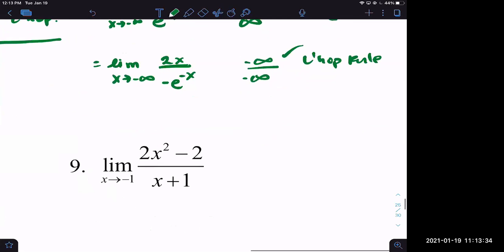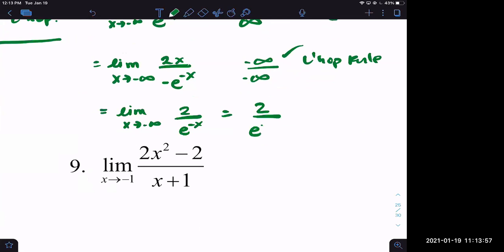Okay, so I repeat, what's the derivative of the numerator? 2. And the denominator, we just multiply by a negative, do the derivative, so it's going to become e to the negative x. If we plug in negative infinity, what's the numerator? 2. Doesn't change because there's not an x.